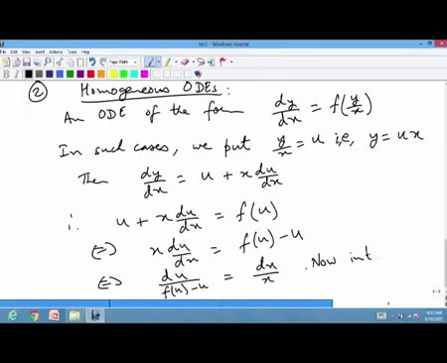Now, integrate both sides. And finally, we will put u equal to y by x to get the solution.